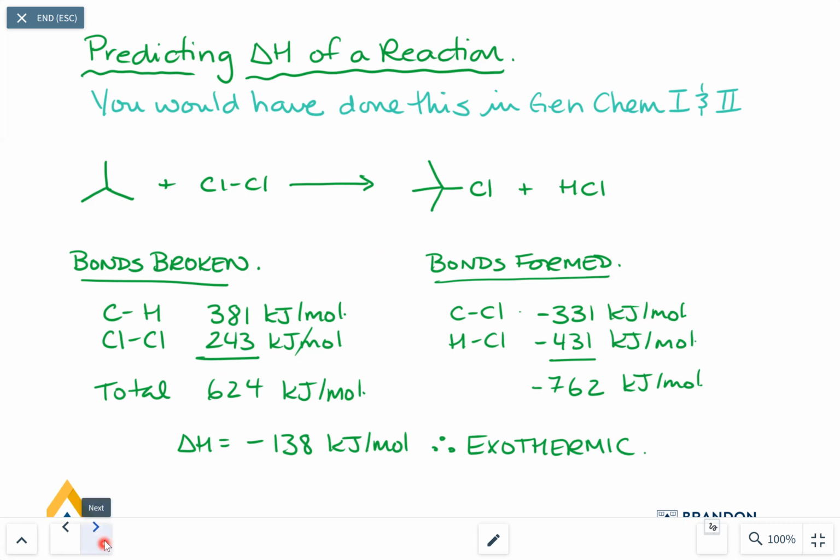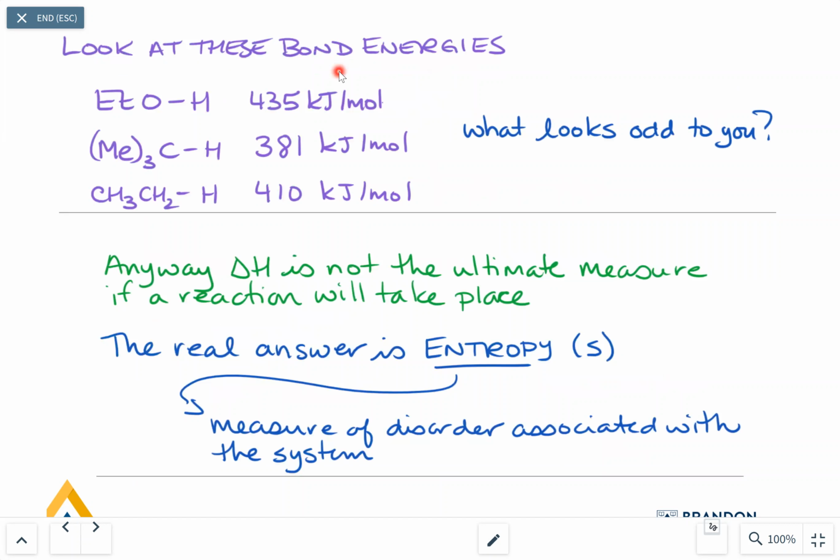I think this is the question I wanted to look at, because we'll end the class here, and I'll pose a question about all these bond energies. You've got ethanol, the OH bond is 435 kilojoules per mole. If you've got isobutane, the CH bond here is 381 kilojoules per mole.